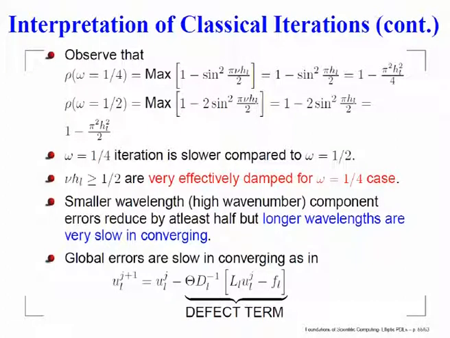Now, this is what we learned, that the smaller wavelength, that is high wave number component error, reduces by at least half, but longer wavelengths are very slowly converging. And this is a practical experience.